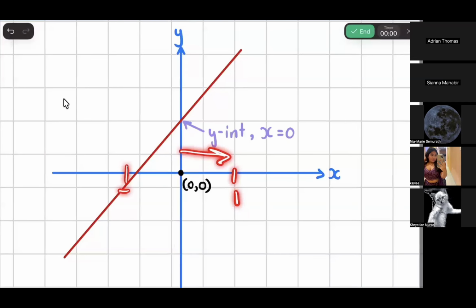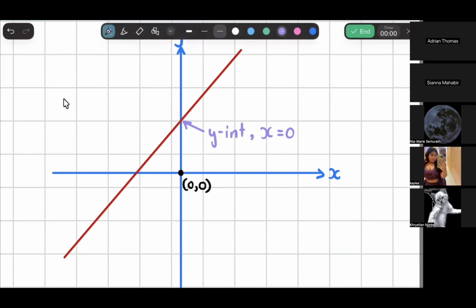If it was -1, how do you think I would move? To the left. Exactly. But if I want to go from the origin to this point over here, is there any horizontal movement? No. I'm just going up. That would correspond to a y value. So if that is the case, then my horizontal movement, or my x value, is 0. That makes sense? Yes, sir.